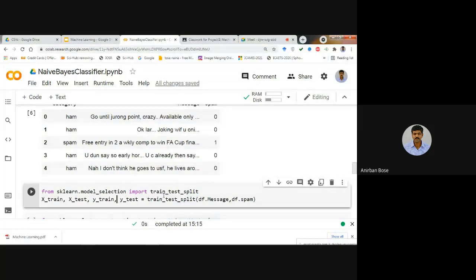Then now tell me, what is the problem now? What is there within df.message? Are these numeric values? No. Then the problem is we have to convert all these email messages into some numbers. So what is the idea? How we can do that? So we have seen what we have to do. From all these messages, we have to extract all the words, each and every word there within those messages.